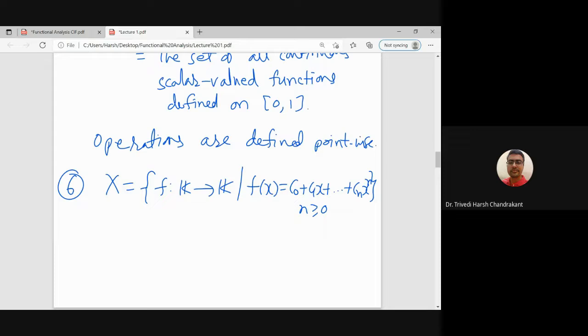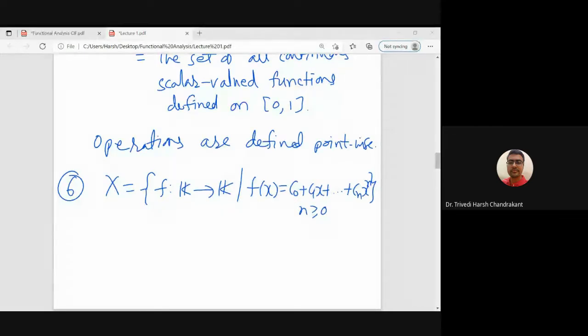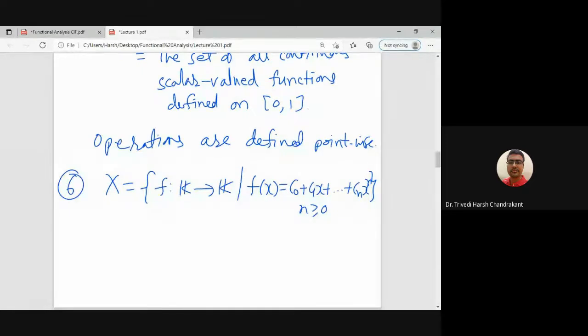Basically, we are taking the functions of the form c0 plus c1 x plus up to cn x^n, where c0, c1, and so on are constants.